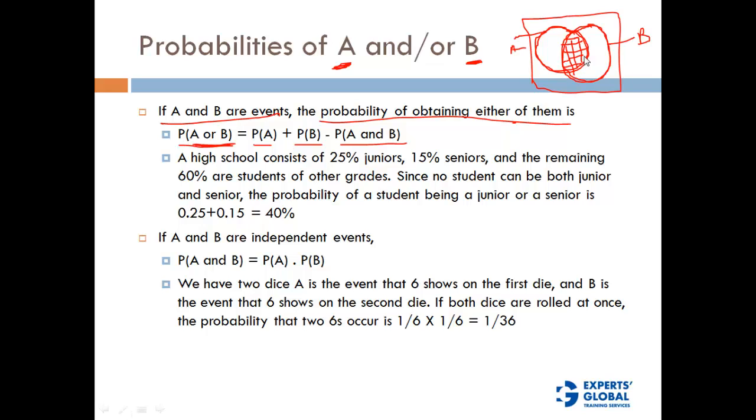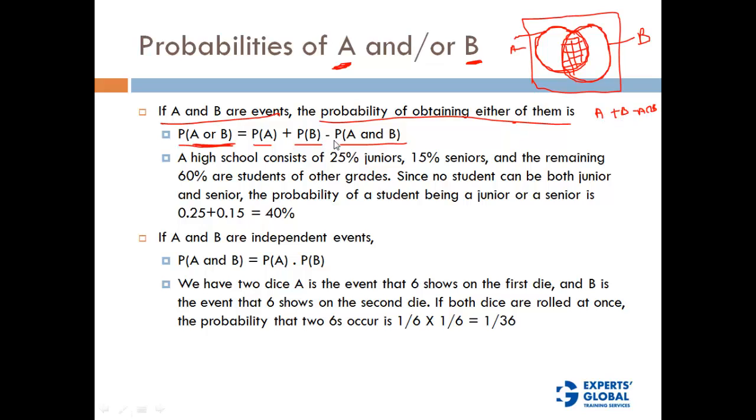It is included in A, and it is also included in B. So if you want to find the area of A or B, you have to subtract this part once. What we end up getting is A plus B minus A intersection B.